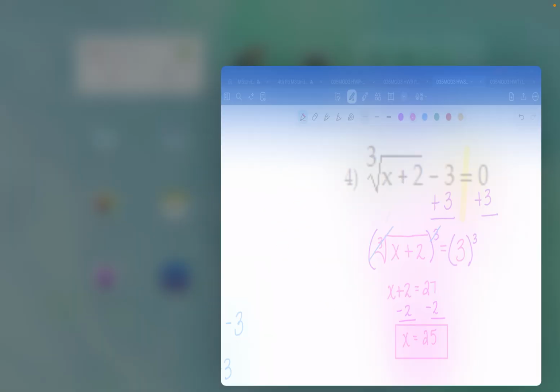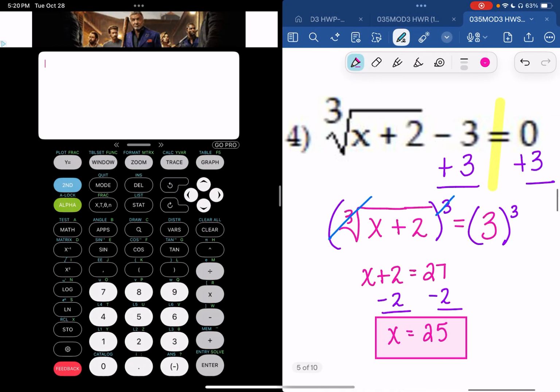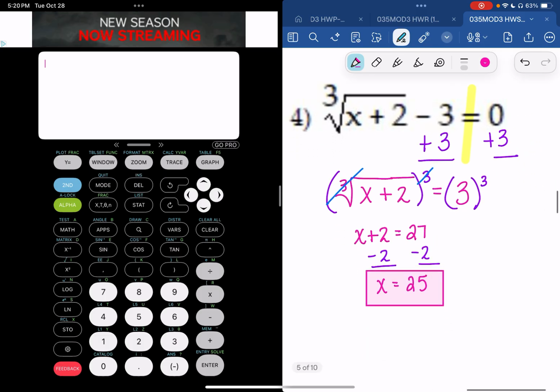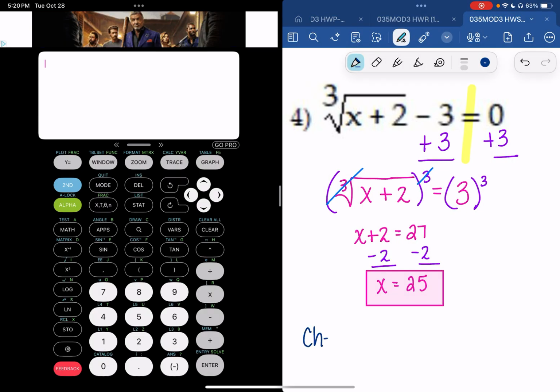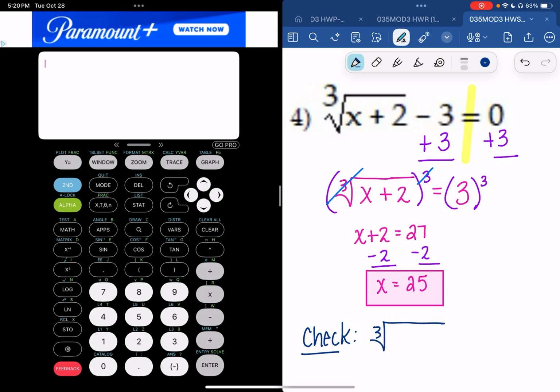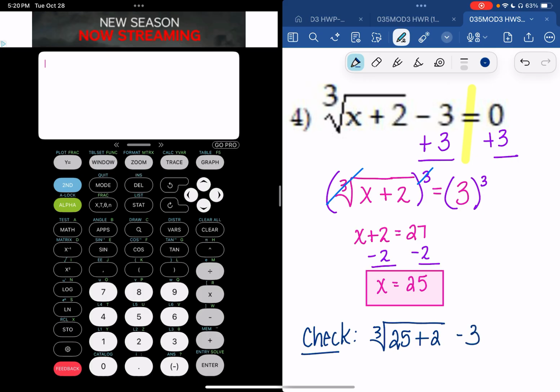I do want to show you in your calculator how to get the cube root if you're trying to check this using your calculator. So when we check it, we've got the cube root of 25 plus 2 minus 3.